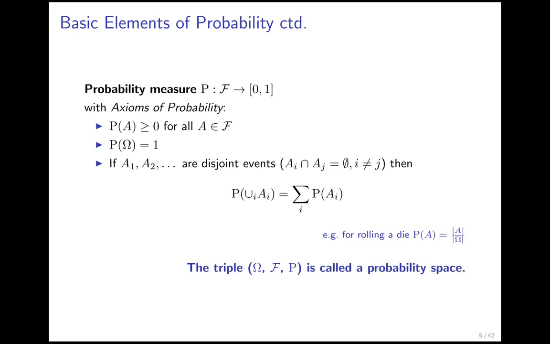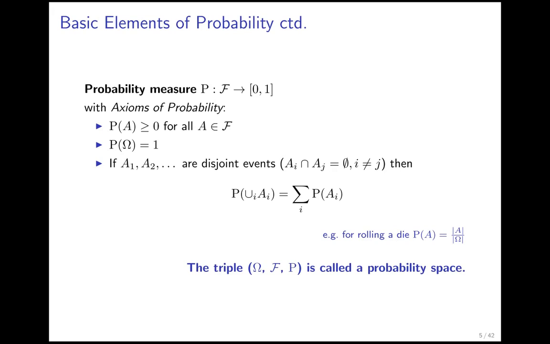Now, we're introducing the third element of a probability space. We've had the set of outcomes, capital Omega, and the set of events, calligraphic F. And the third element is the probability measure, because we are dealing with probability theory, so somehow we have to get probabilities. And the probability measure is simply a function, and it maps an event to a probability.